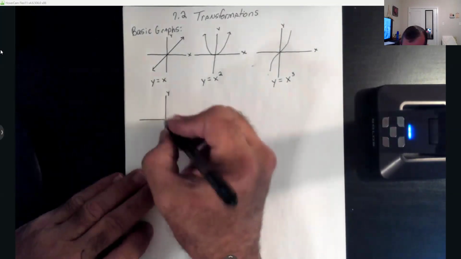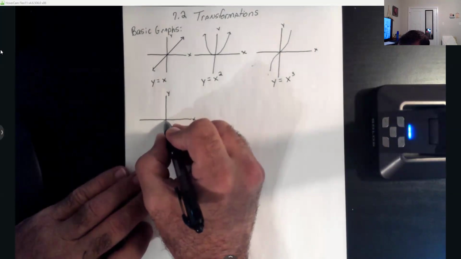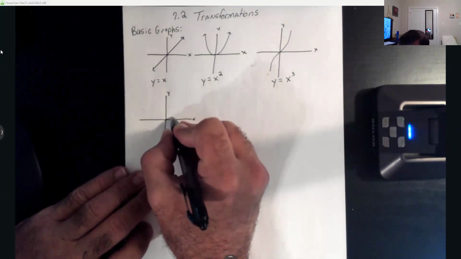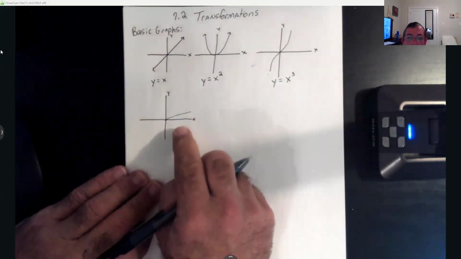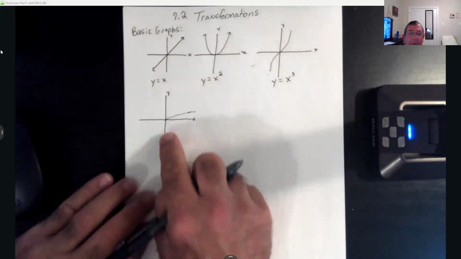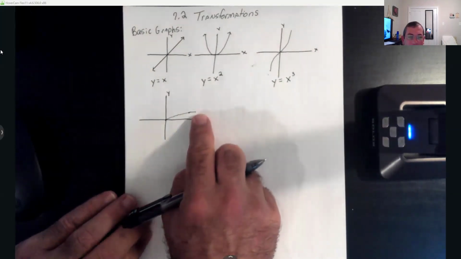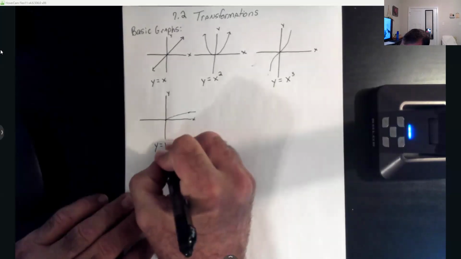All right, y'all, this one starts in the origin here and slowly goes uphill to the right. But it's sort of curving as you go, okay? It's just a slow uphill graph. This is your square root of x.